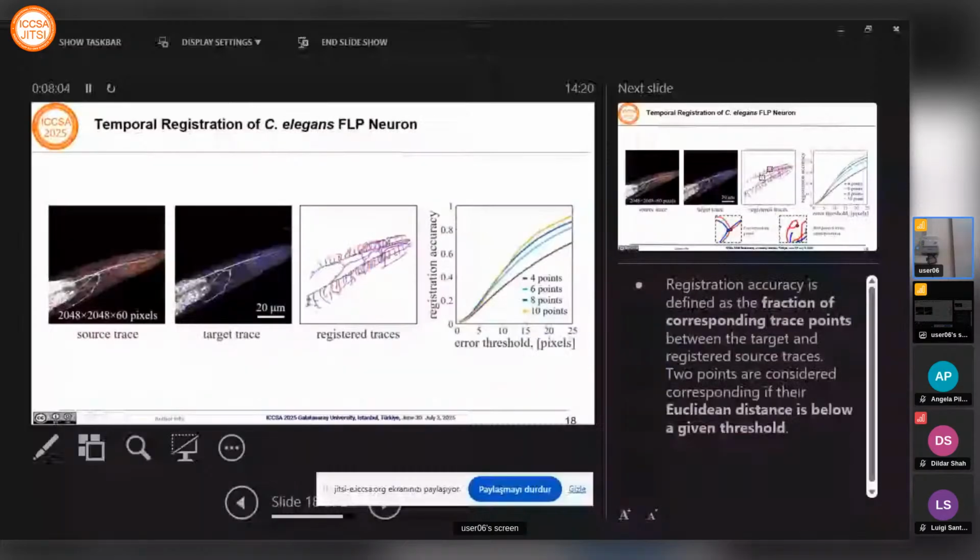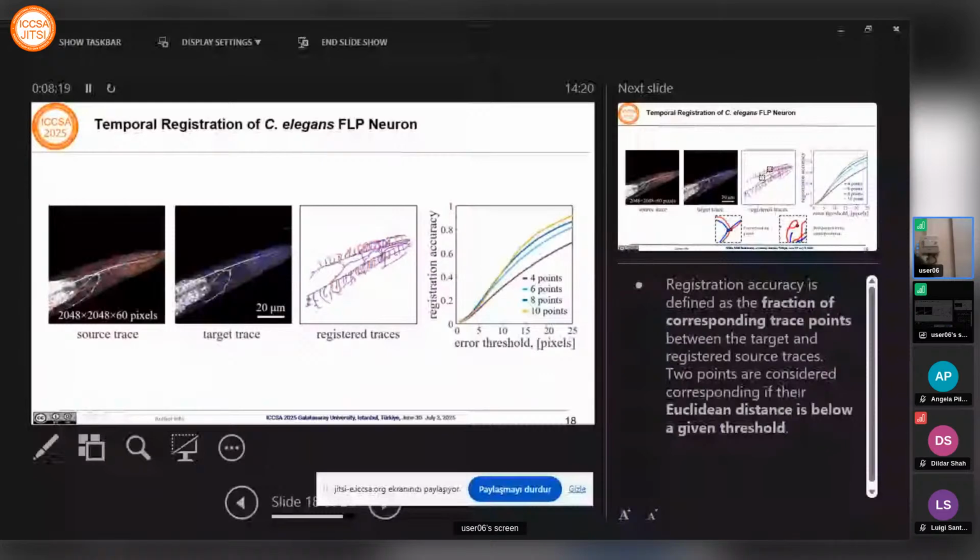We applied this method also to traces of neurons. So here I take an animal and I imaged it at two different time points, and then I constructed traces of them. And this is what a registration of these two traces looks like.